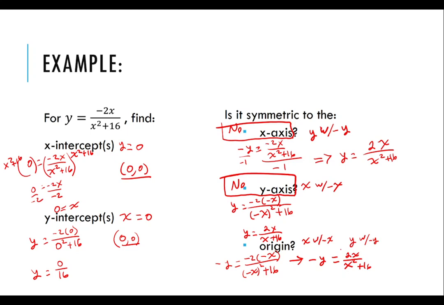And then is there any way we can manipulate this entire thing to make it look like this thing we started with? The answer is yes here. Divide by negative 1, divide by negative 1. Then this thing is going to be y is equal to negative 2x divided by x squared plus 16. And look at that, it is exactly the same as what we started with. It's the same. And so yes, this has origin symmetry.